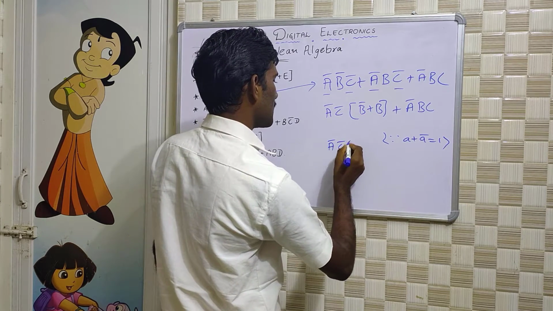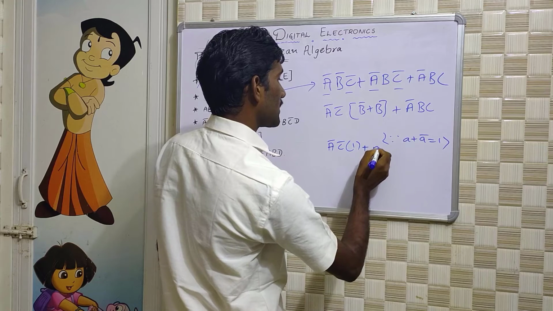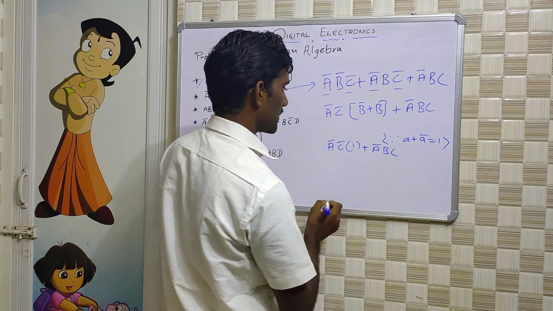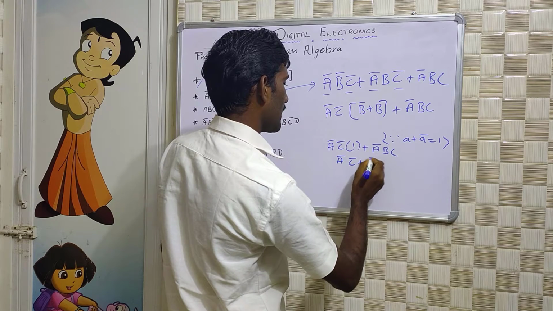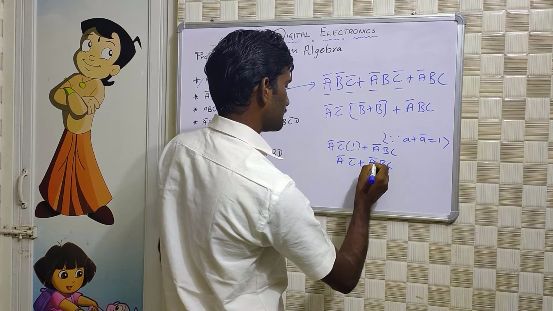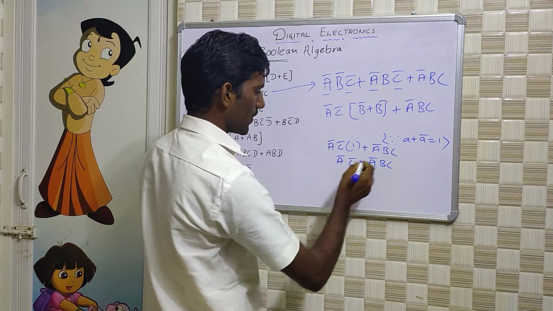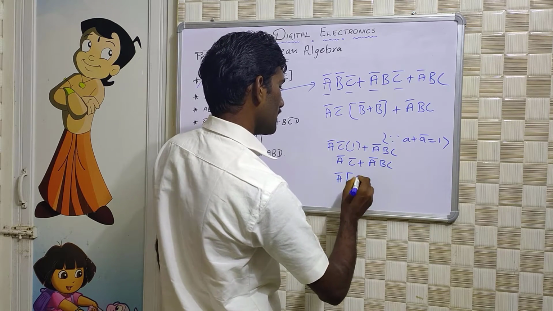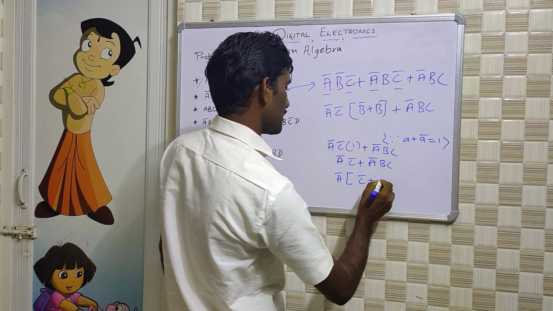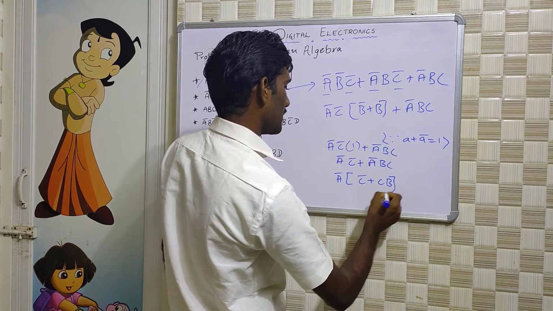So A bar C bar into 1 plus A bar B C, that is A bar C bar plus A bar B C. From these two terms we can take A bar common: A bar into (C bar plus B C).